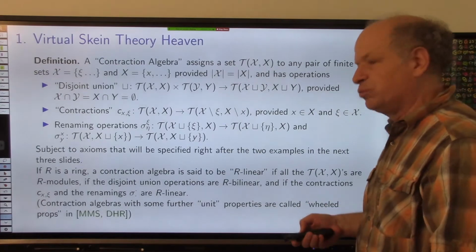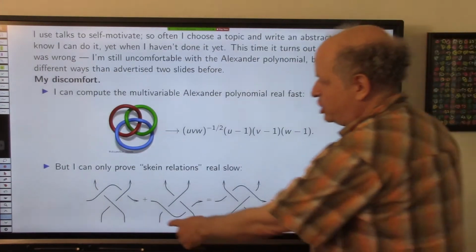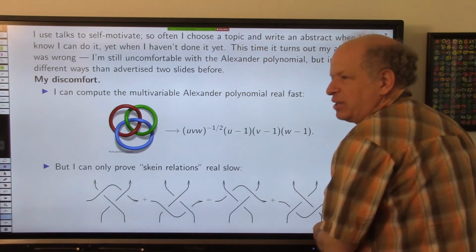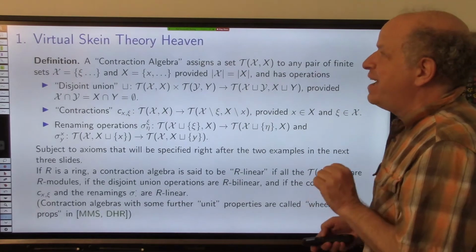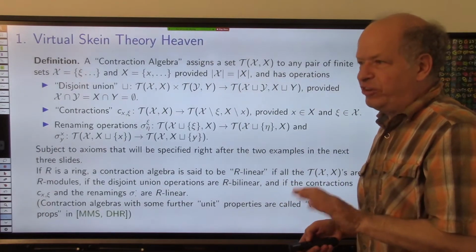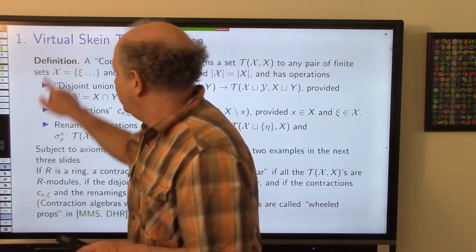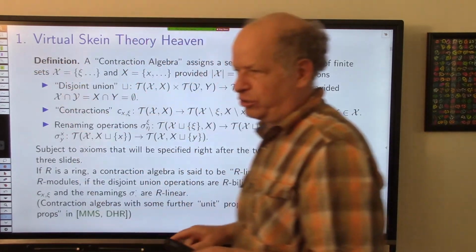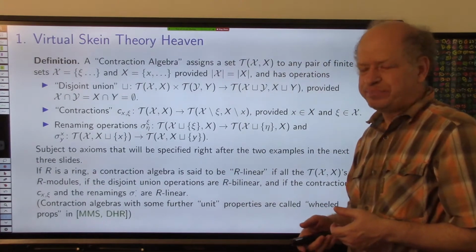Suppose I wanted to prove skein relations. So relations such as the relation down at the bottom here. Let me tell you what would be heavens for proving such relations. And actually, to be honest, I'm talking about virtual knot theory here, so skein relation for virtual knot theory.